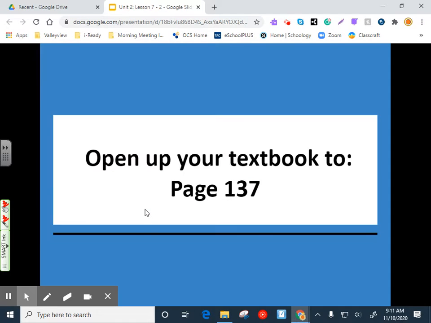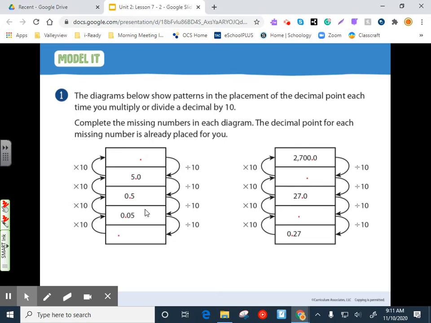All right, so turn to page 137. You'll see a $10 bill at the bottom of that page. And we are given these tables here to fill in. This is similar to an earlier lesson where we are using this to look at the pattern. On the left-hand side, we are multiplying by 10. On the right-hand side, we're dividing by 10.